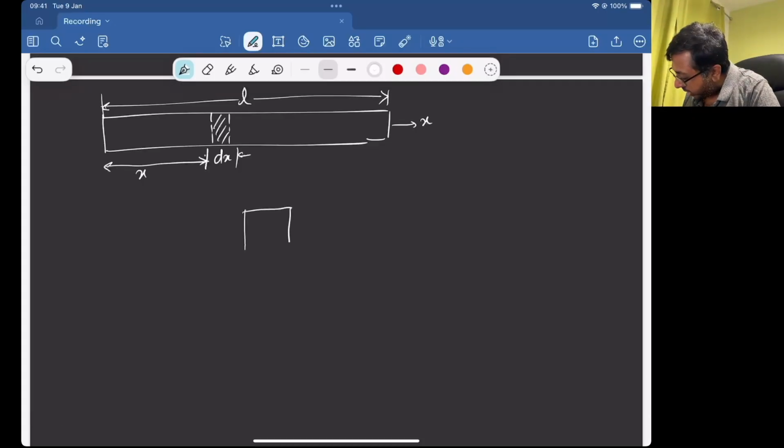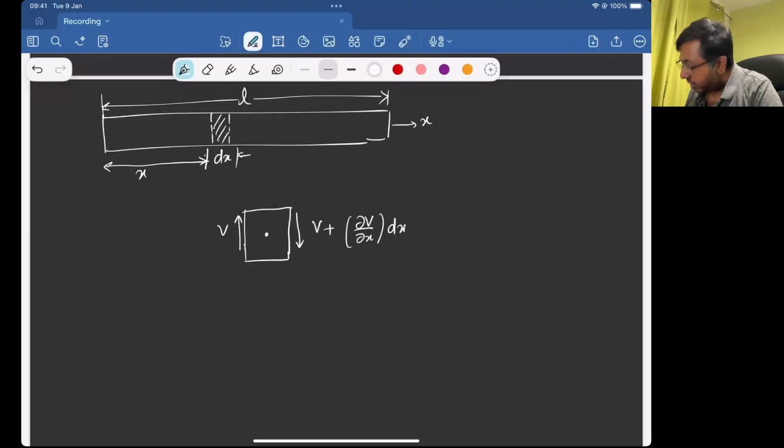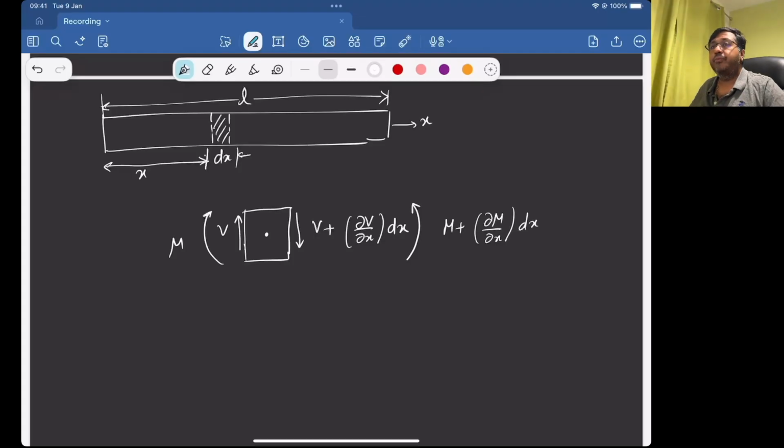So if I rewrite this infinitesimal element dx, I can say that there's a shear force V acting, and on the other side it is V plus ∂V/∂x into dx. Similarly, if I have a bending moment M, I also have a bending moment on this side, that is M plus ∂M/∂x into dx, right?